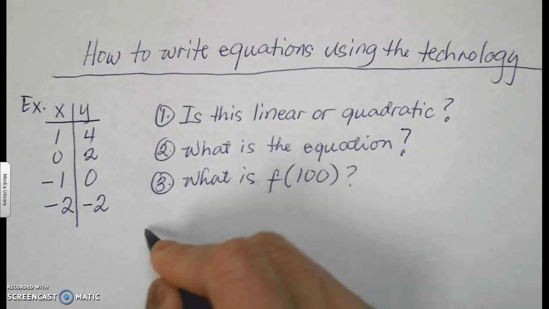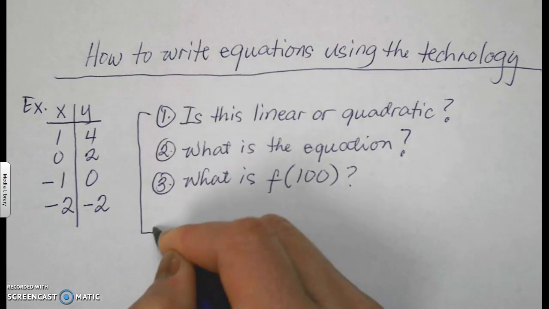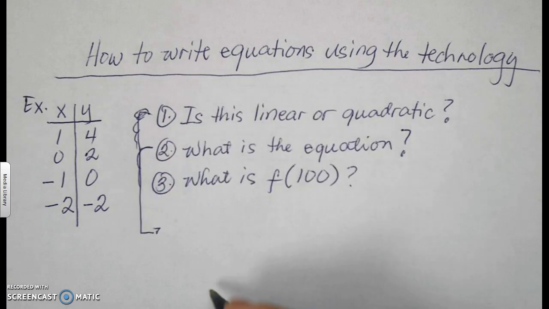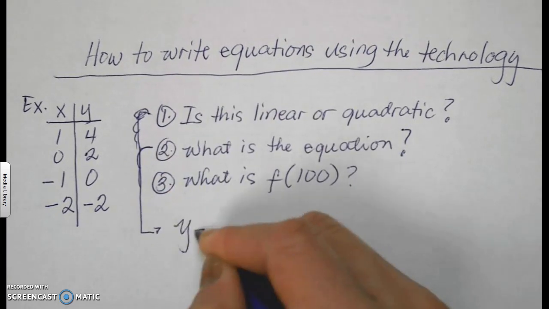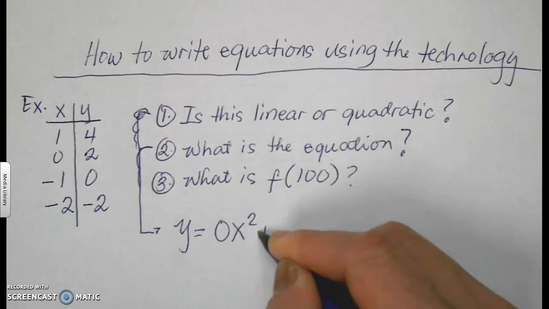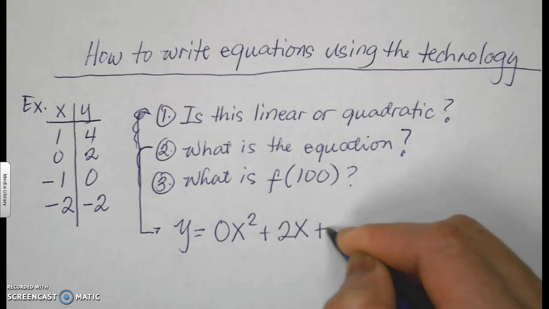Your equation right here is going to look like y equals 0x squared plus 2x plus 2.